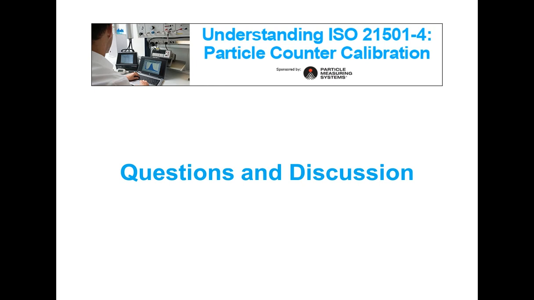Okay, Daniele, and due to time constraints, this is going to be our final question for this section. How is the traceability of a particle counter established? I guess that's on the question of traceability and serialization and so forth.